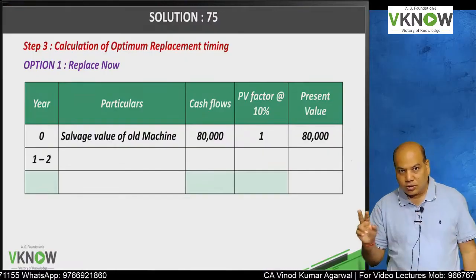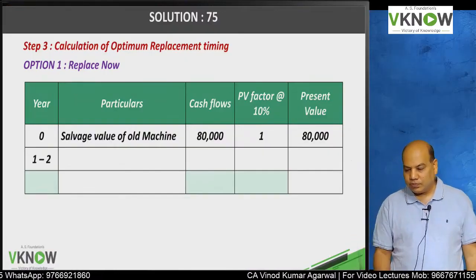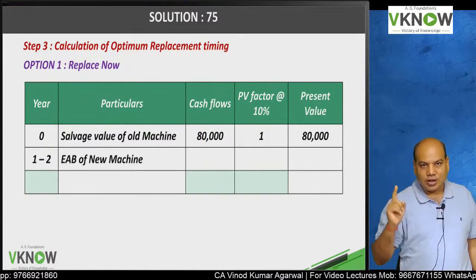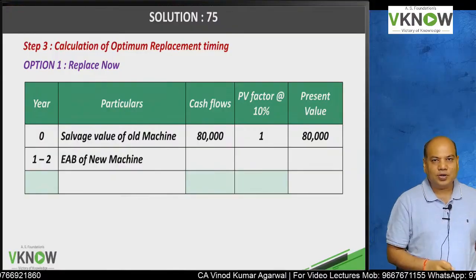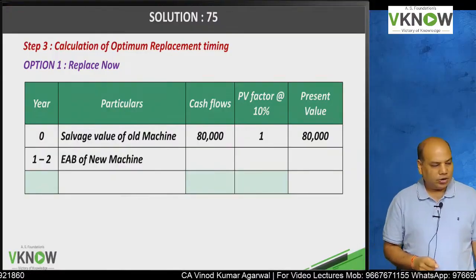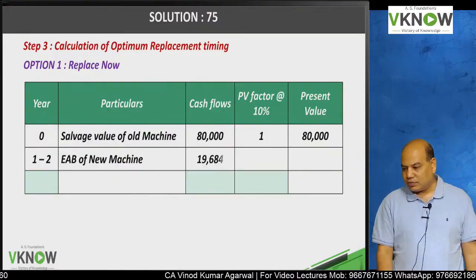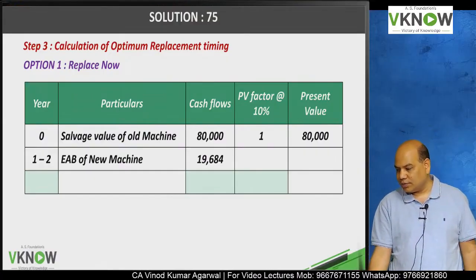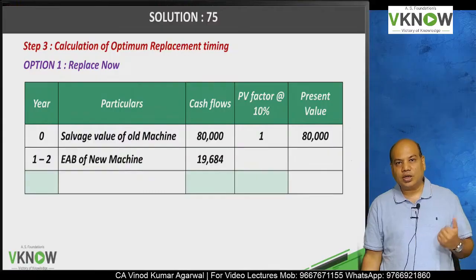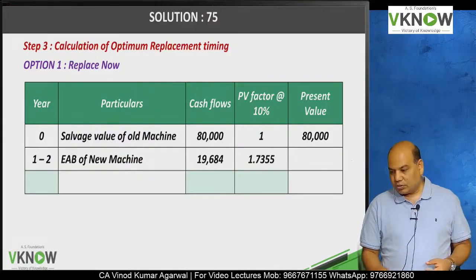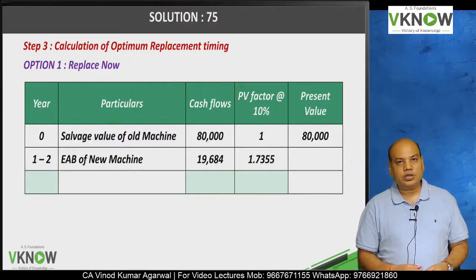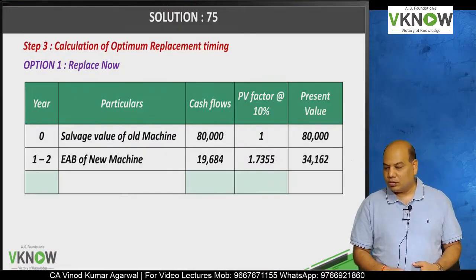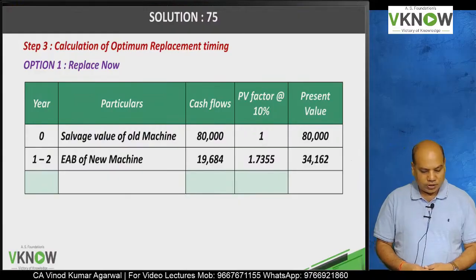For the next 2 years, you are going to use the new asset and you will get the equivalent annualized benefit of the new machine, 19684, that is also positive. It is inflow, both are inflow. Present value factor 1.7355, last column present value, check 34162.